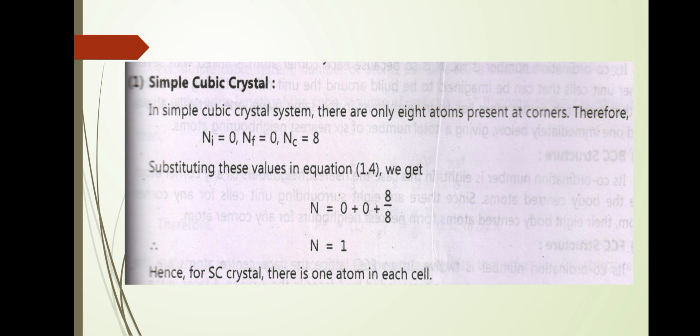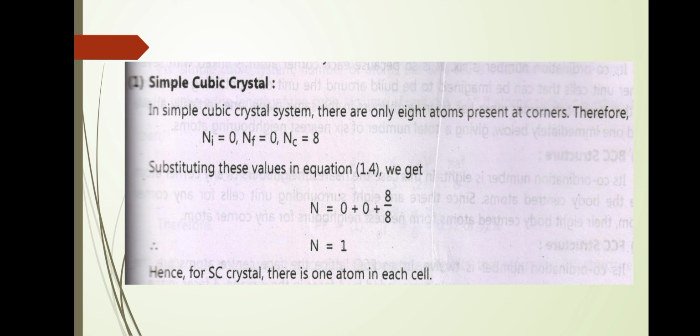First one is the simple cubic crystal. Now we know that in a simple cubic crystal system there are only 8 atoms present at 8 corners. Therefore Ni, the number of body centered atoms, is equal to 0.